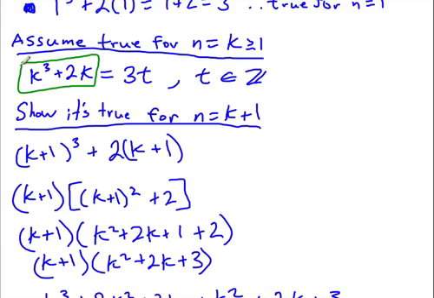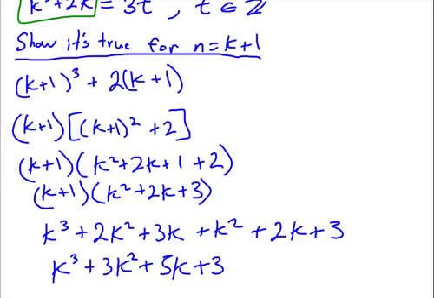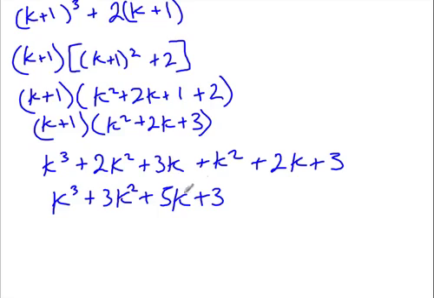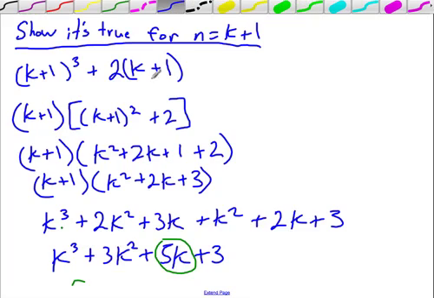If we had k cubed plus 2k in our expression here, we could substitute that in. We don't have that, but we do have a 5k, so we're going to split that 5k into 3k and 2k, and then we'll be able to make a substitution.